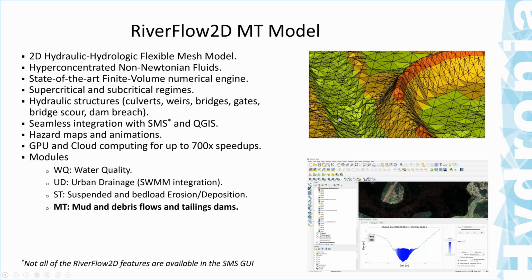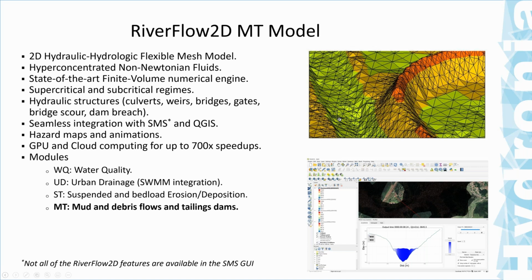The module uses hyper-concentrated non-Newtonian fluids. It solves the equations that I will talk about with the finite volume numerical engine, which is very efficient and very competent in terms of the accuracy that it can achieve by conserving mass almost exactly and also conserving momentum in 2 dimensions.